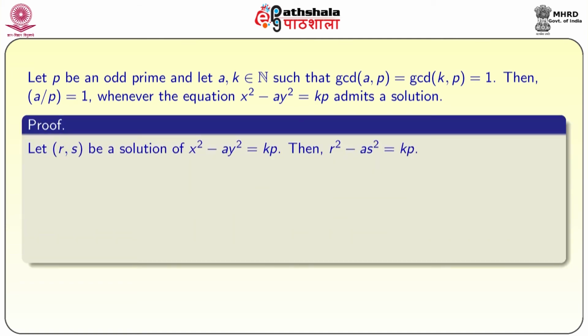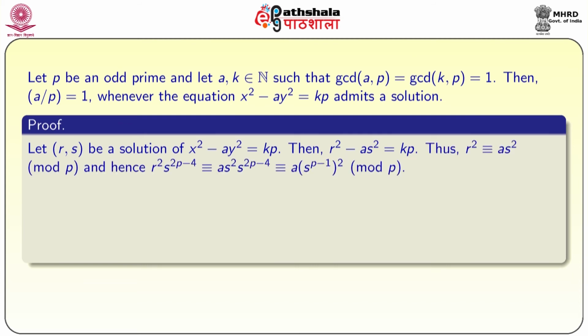So, the proof goes like this. Here observe that there are two variables involved. So, let us assume r, s be a solution of x square minus a y square equal to k p. Then we have r square minus a s square equal to k p. That is equivalent to r square congruent to a s square modulo p.